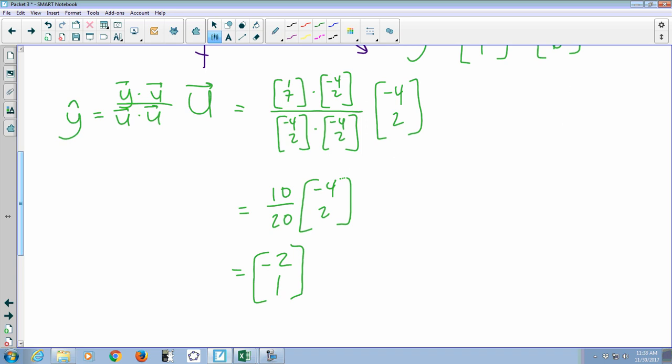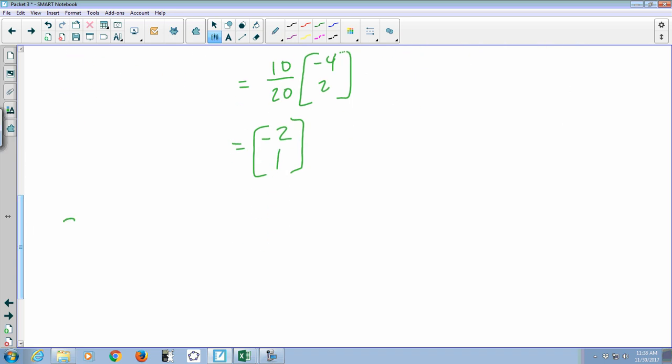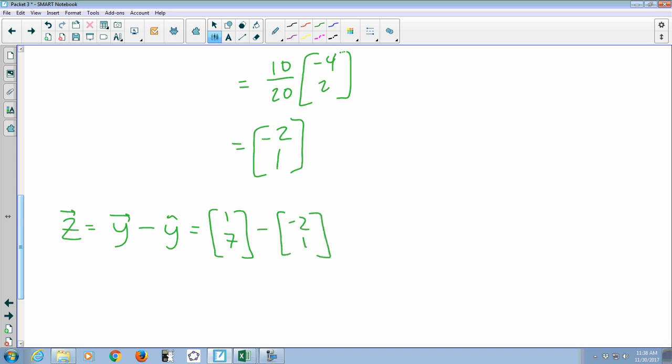And then z, you can just calculate by doing y minus y hat. So y is 1, 7. y hat is -2, 1. So z is 3, 6. So I found the 2 vectors using formulas.